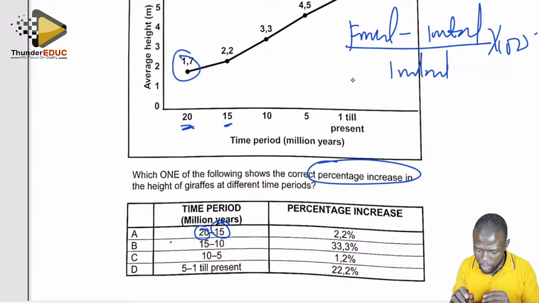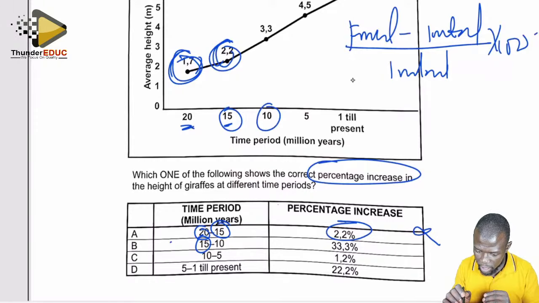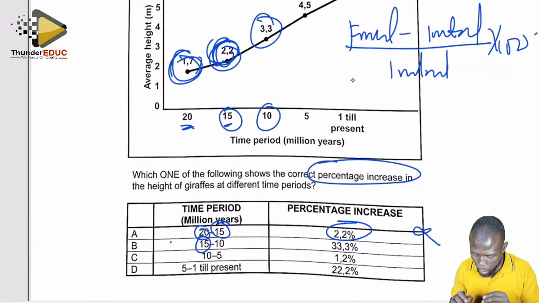If you put this minus this, divide by this, times 100, do you get this? B, 15 to 10, meaning the final, which is 3.3 minus 2.2, divided by 2.2, times 100. Do you get this?